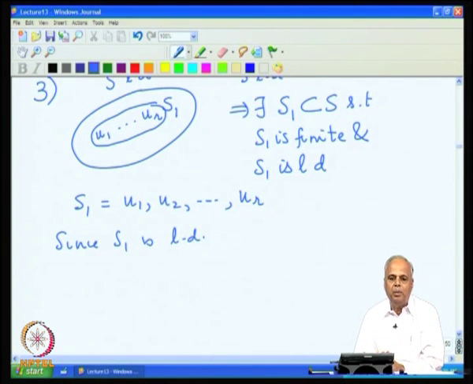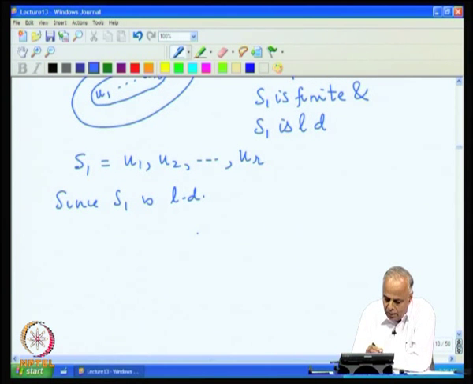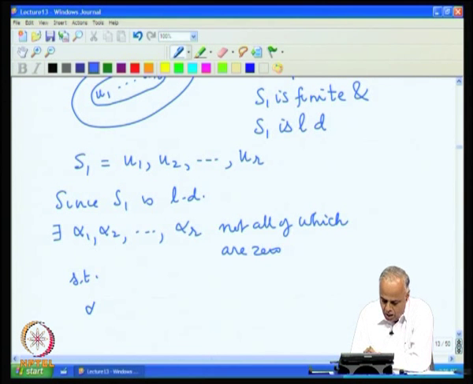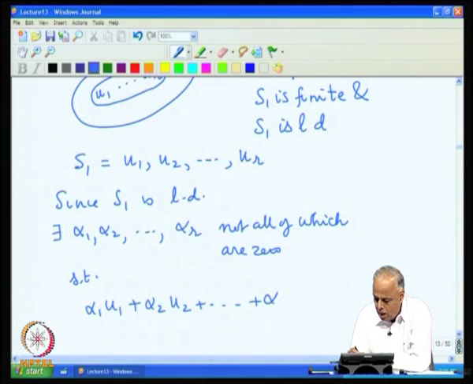A finite set is linearly dependent if we can write a linear combination which gives the 0 vector without all the coefficients being 0. So, there exist alpha 1, alpha 2, alpha r, not all of which are 0, such that alpha 1 U1 plus alpha 2 U2 plus alpha r UR is the 0 vector.